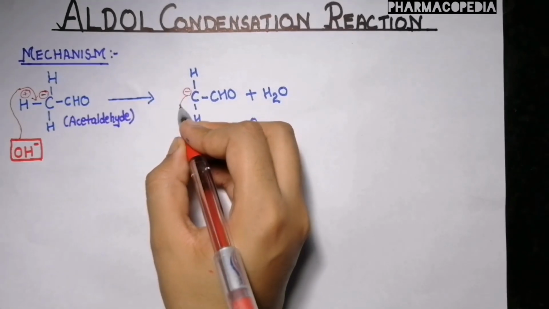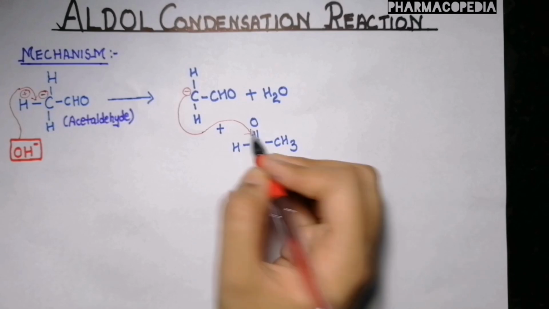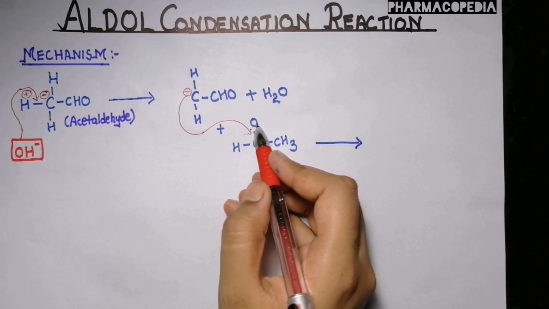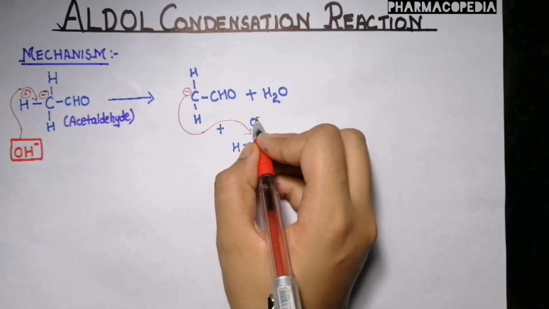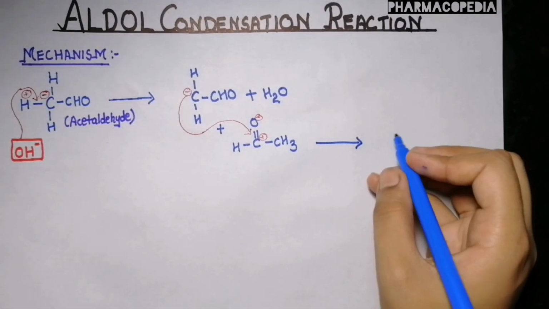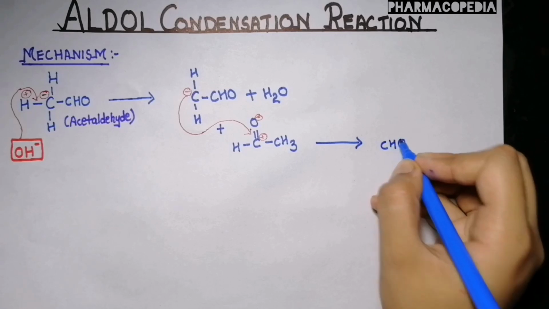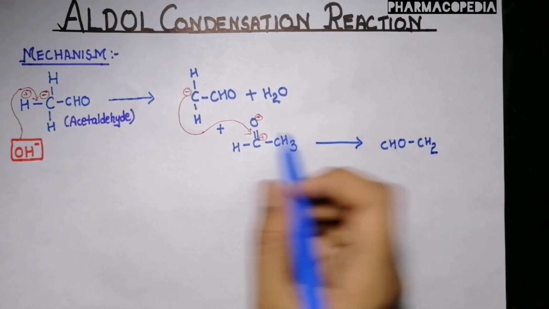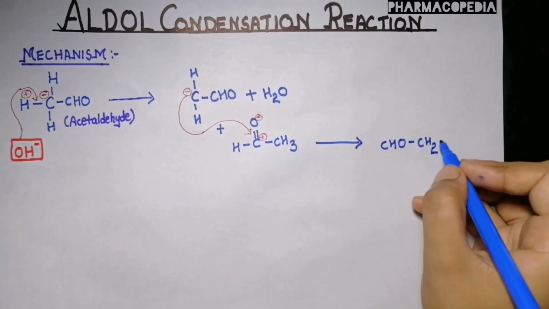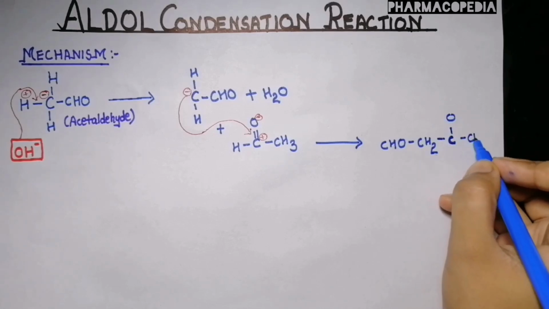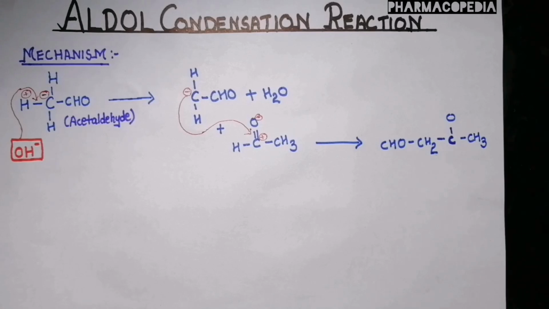It will attack this carbon oxygen bond. उसके बाद में, because oxygen is highly electronegative, तो ऑक्सीजन पर क्या होगा? नेगेटिव चार्ज आ जाएगा और कार्बन पे पॉजिटिव चार्ज आ जाएगा. एज अ रिजल्ट हमें मिलेगा CHO, CH2, CHO, CH2 minus, then it forms a single bond C–O, CH3, and there will be a minus charge on the oxygen.